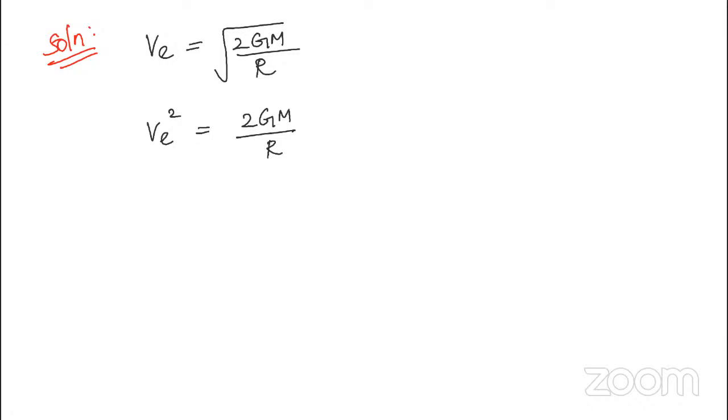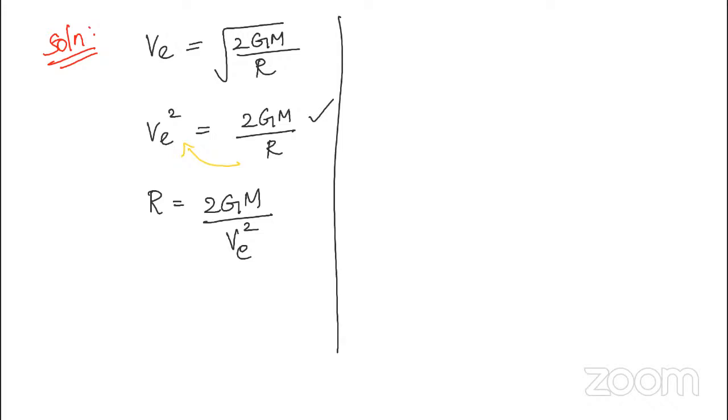So we are getting VE square equals 2GM by R. Now we need the R value, so we send R to the left side: R equals 2GM by VE square. We substitute the given values in the formula and solve.